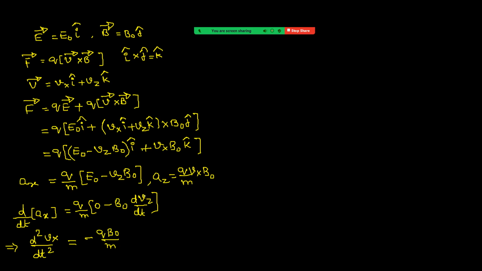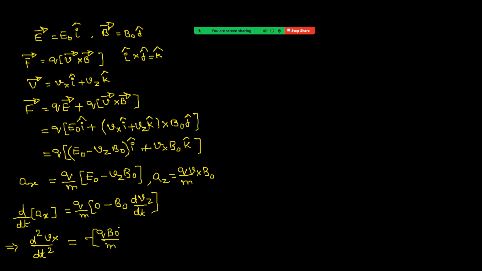In place of dVz by dt, we can write Az, which is Q by M Vx into B naught. So we get Q by M into B naught, whole squared, times Vx.